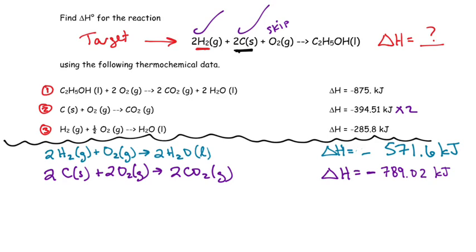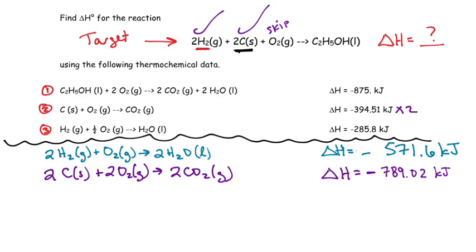We need C2H5OH, and we need it as a product. We need it on the right. Which equation involves C2H5OH? The first one, right? What's wrong with the first one, though, as far as the location of C2H5OH? Yeah, it's on the opposite side.